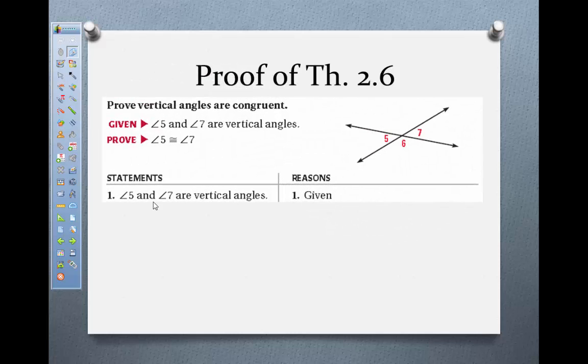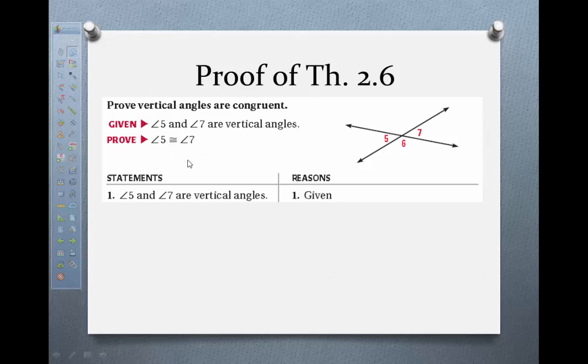So there's the basic picture. 5 and 7 are vertical angles here. Our job is to prove that they're congruent. Okay, so now you might say, well, hey, we just had a theorem that says that they're congruent.